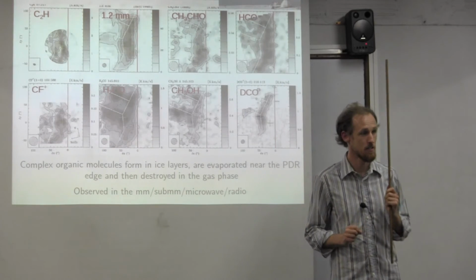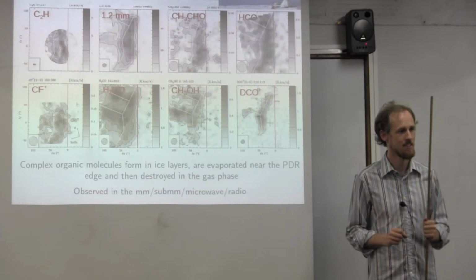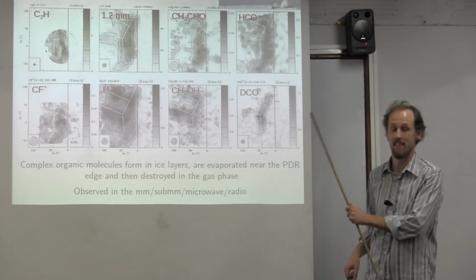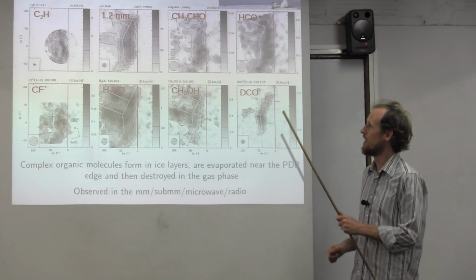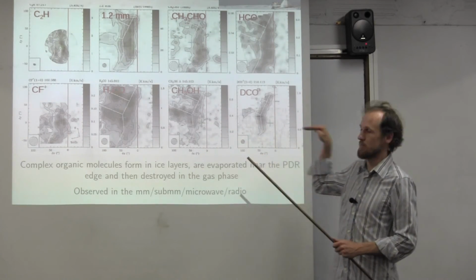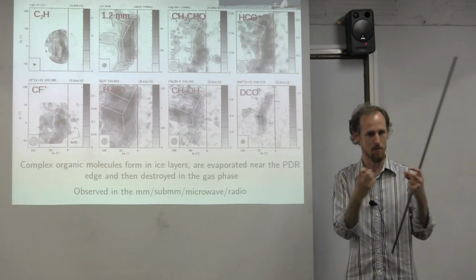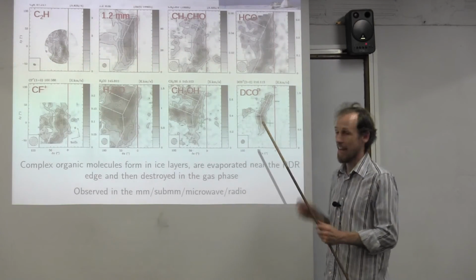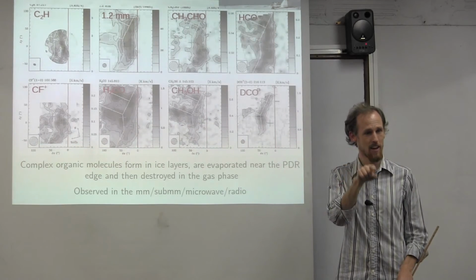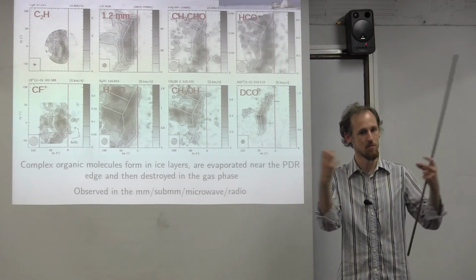There are two important things happening which we can actually see in this graph, if you know a few things. The radiation is coming from this side, and it's destroying molecules. There's so much energy it breaks the bonds between atoms, and it's striking the ices and releasing molecules from the ices.